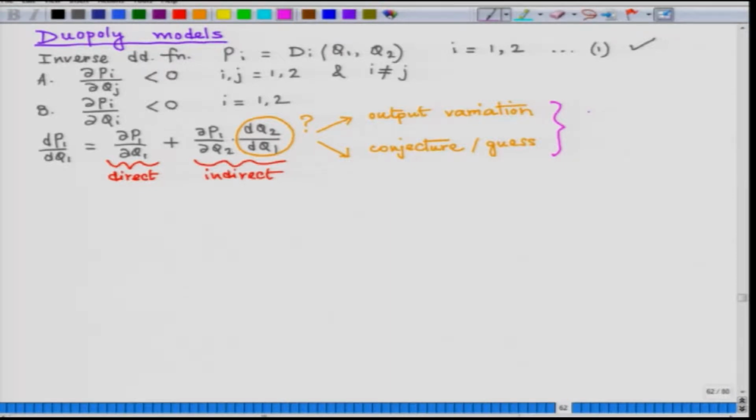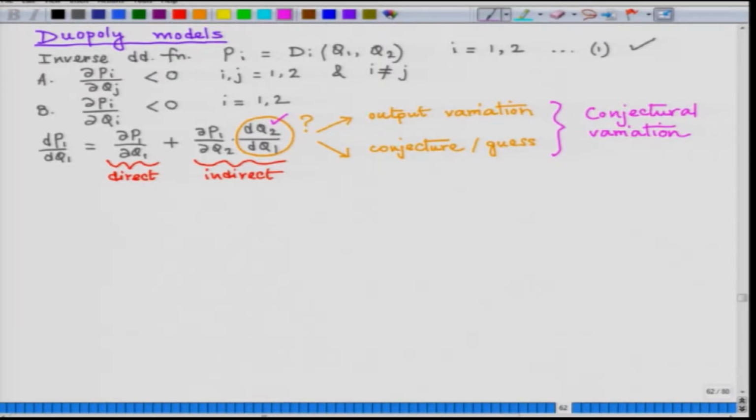So, this is known as the concept of conjectural variation in oligopoly theory, right, and we will see that different values or different schemes that the firm assumes for this term lead to different types of models.